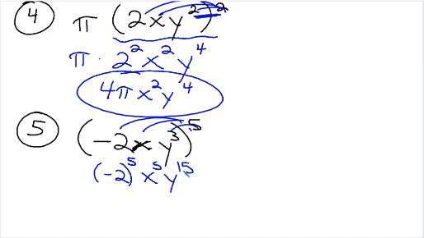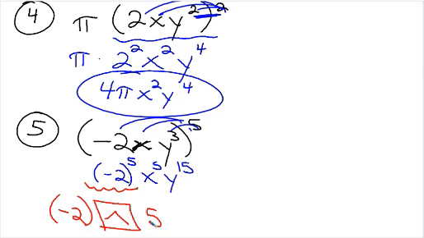And at this point, this is a good place to turn to the calculator. All right? So if you want to turn on your graphing calculator, the way that we're going to find this thing right here, here's your keystrokes. You're going to do negative 2, and then you're going to press the caret button, which is like an upside down V, and then you'll press 5, and then hit enter.